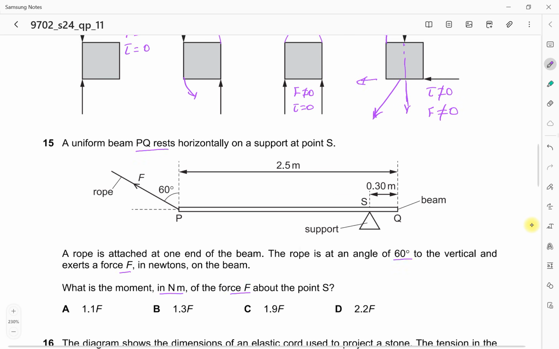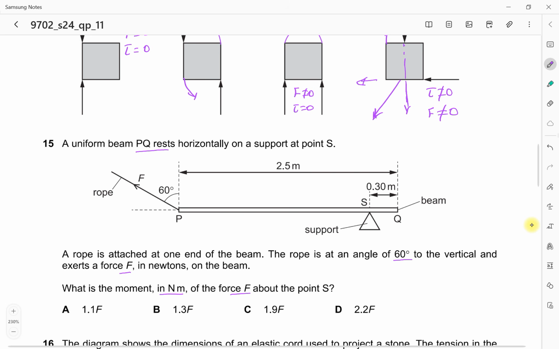So we have taken moments about this pivot here, so we just need a perpendicular distance, which is going to be this distance. We can resolve F to the vertical. So taking F to the vertical, this will be F cos 60. So we need just the perpendicular distance of F cos 60 to the pivot, which is going to be 2.5 minus 0.3, which is 2.2.